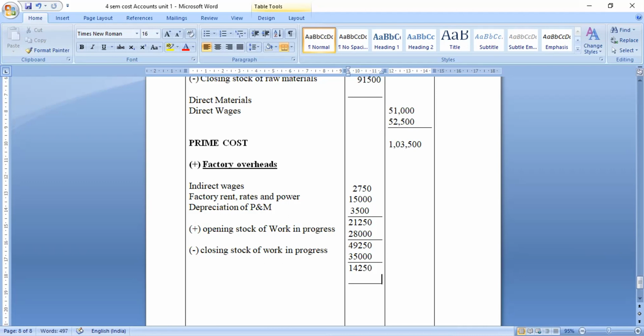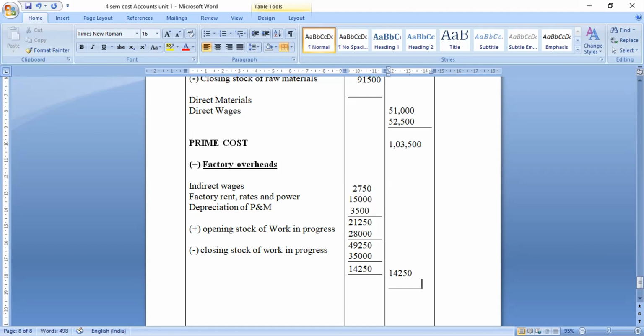So this will be transferred to the outer column. So along with the prime cost you are going to add this. So the total, 14,250 is the factory overheads total. 14,250.